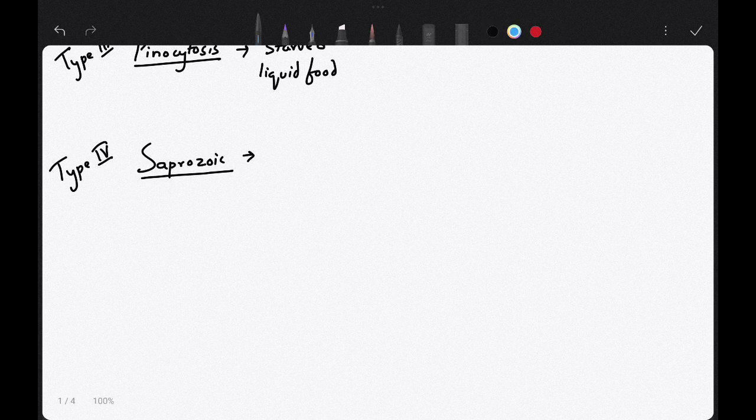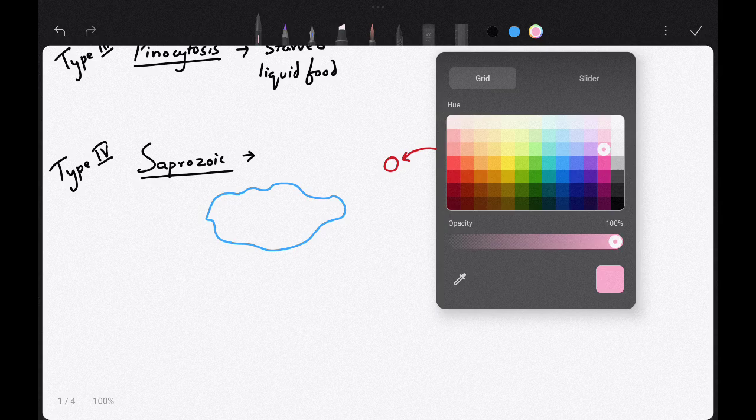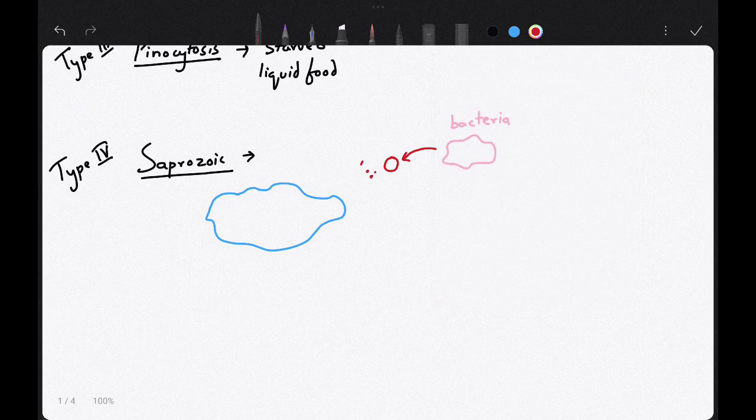Suppose this is the organism and this is the food. First it will be dissolved by bacteria. The bacteria will dissolve the food into small particles so that the food can be absorbed by the protozoan.